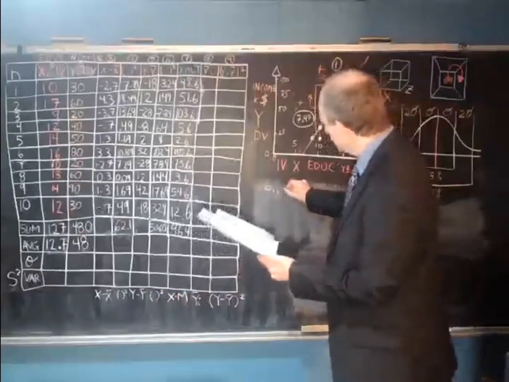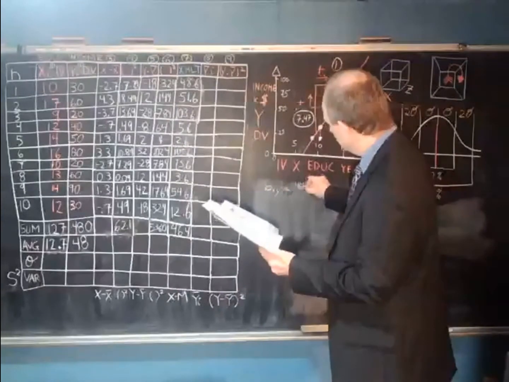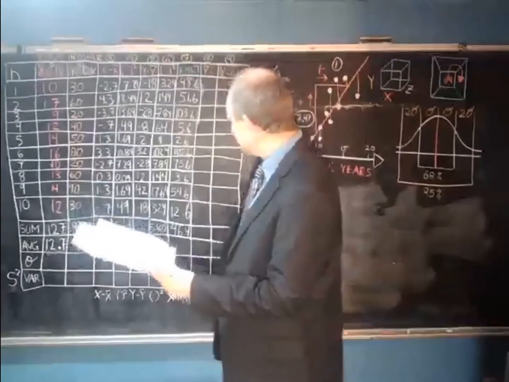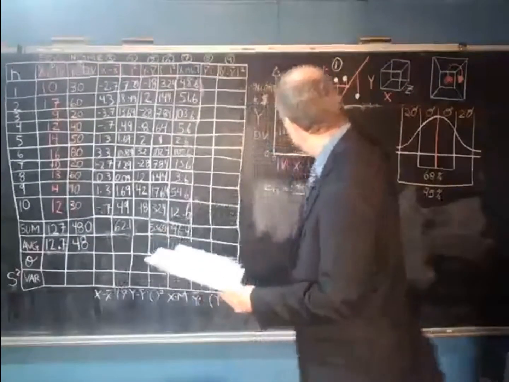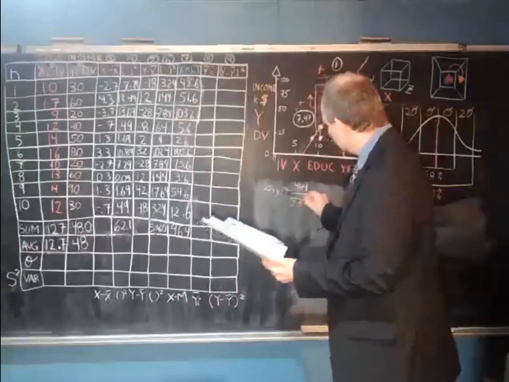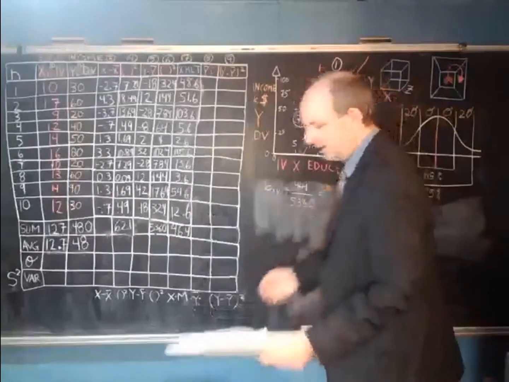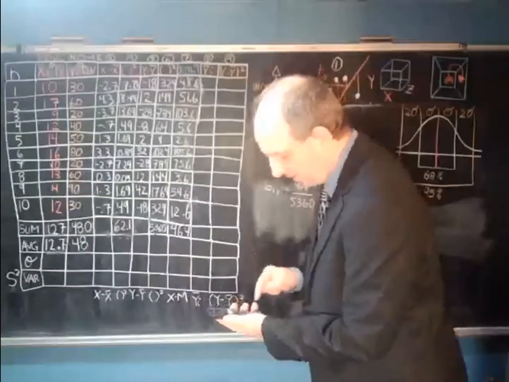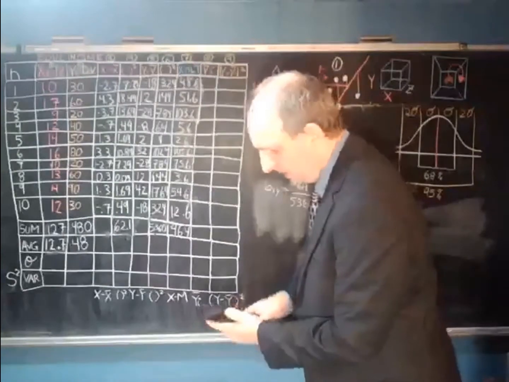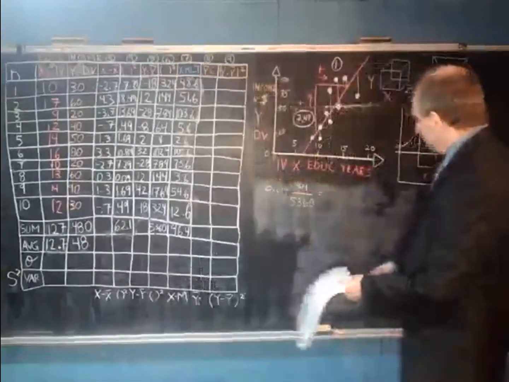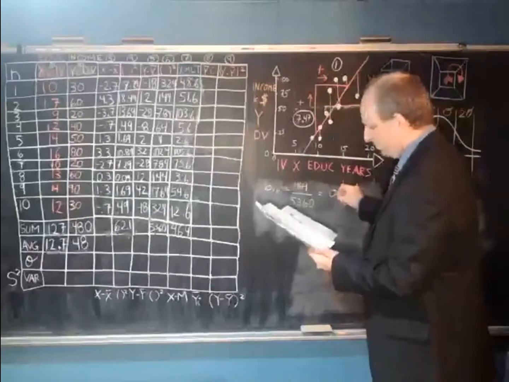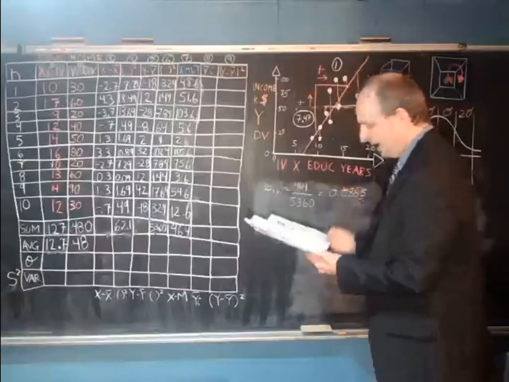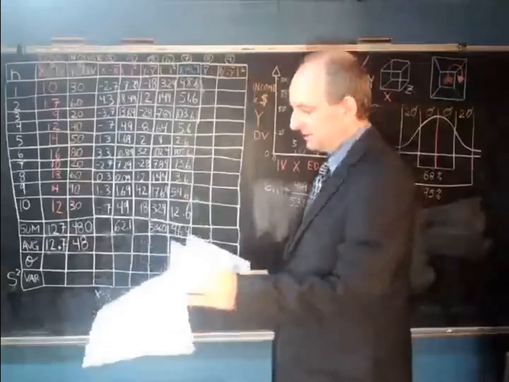So this is going to be 464 divided by serial 16, which is the calculation we just made, 5360. Right? So if we take a calculator and we work this out, 464 divided by 5360 is going to give us 0.0865. Okay, so that is step number 17.